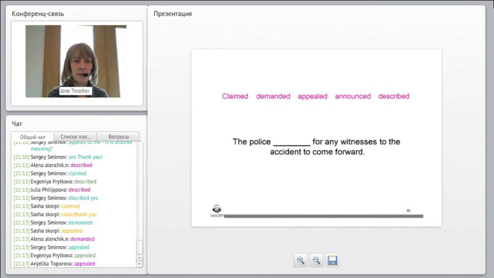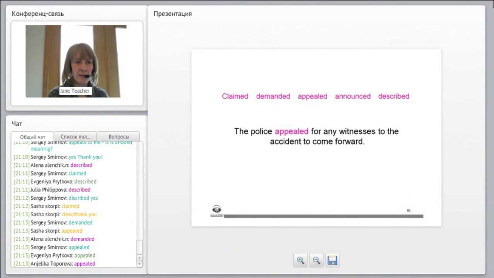Okay. Good. We're getting some good response. Appealed is the main one you're saying, and demanded, a few of you are saying. So it is appealed. They appealed for any witnesses to come.